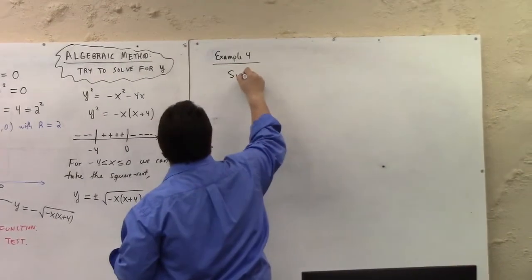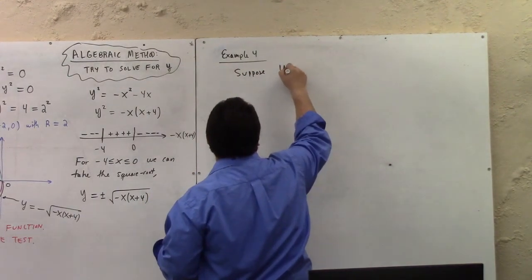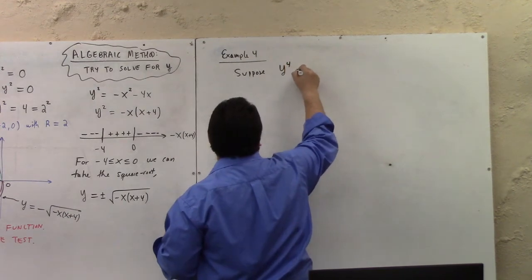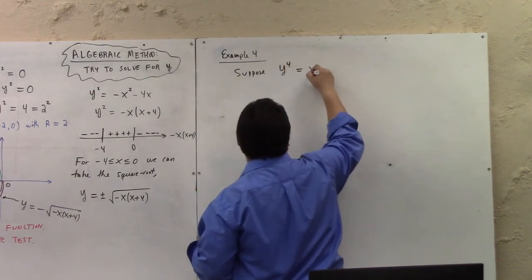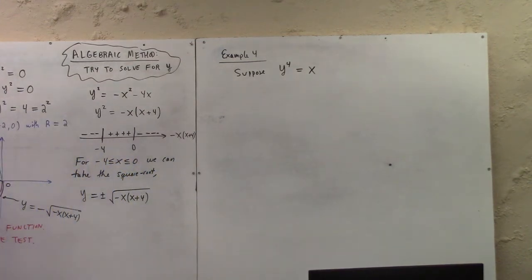Suppose y to the 4th equals x. Is this the graph of a function?